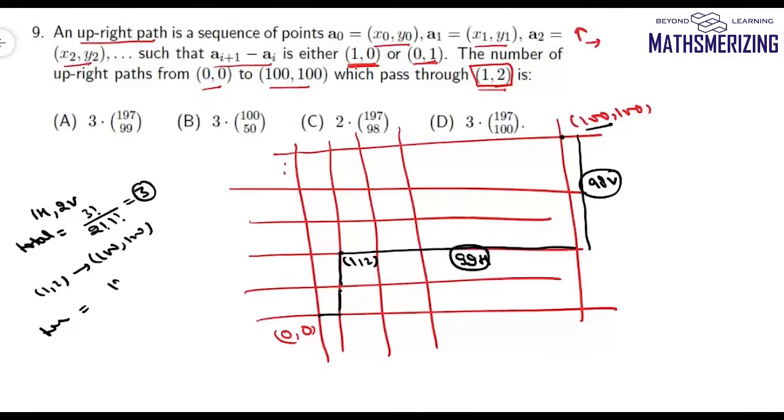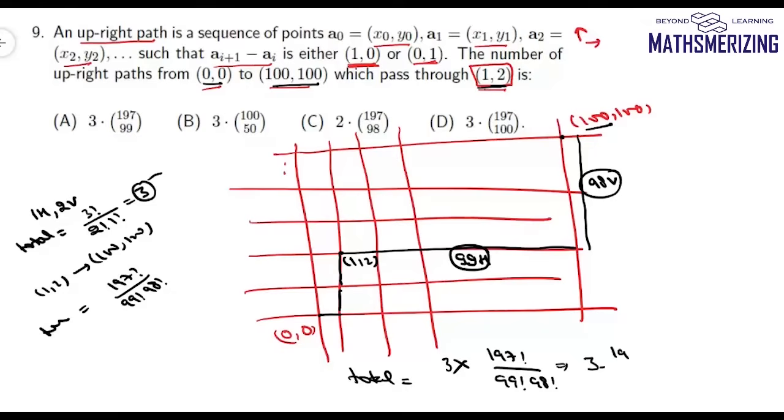So the total number of paths from (0, 0) to (100, 100) passing through (1, 2) is 3 multiplied by 197!/(99! 98!), which is simply 3 times 197C99, and that's your option A.